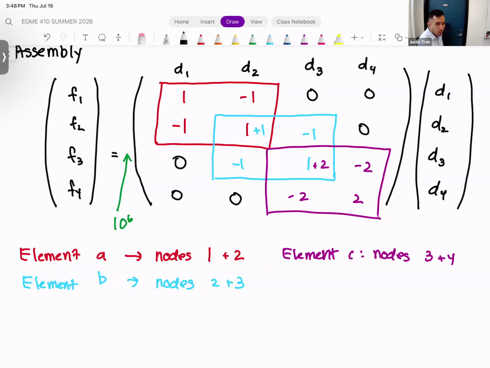Remember from Tuesday what the zeros mean. If you have a 0 in your global stiffness matrix, that means there's no connection between the two nodes that the 0 is connected to. For this 0 right here, it's in the first row, fourth column. That tells us there's no connection between node 1 and node 4.